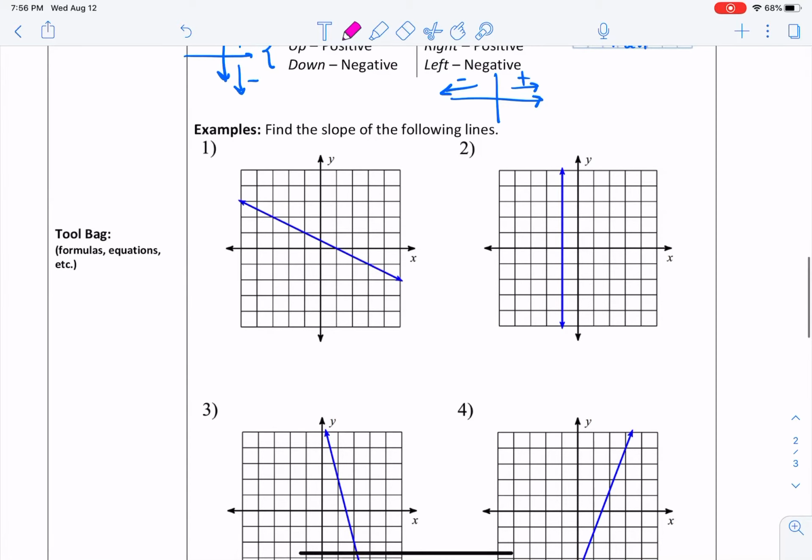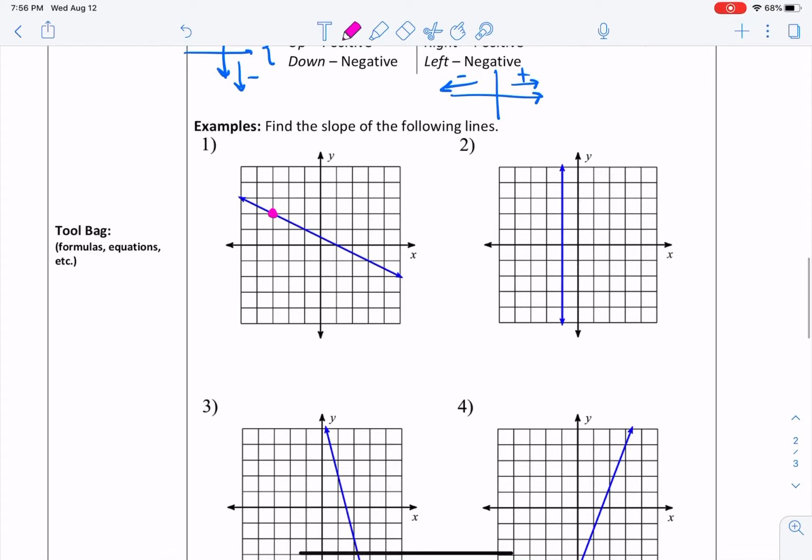So I'm going to pick a spot here because I can see that it intersects, and this one doesn't intersect, but this one does. Then I'm going to draw my triangle, and from here to here is 4, and I'm going right. This is right, but then it's down 2.